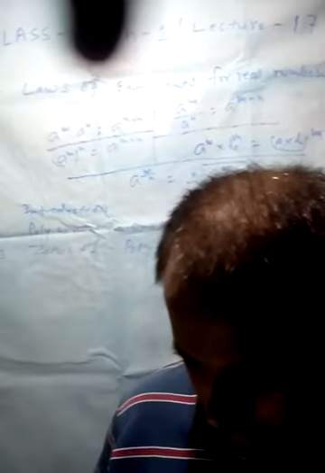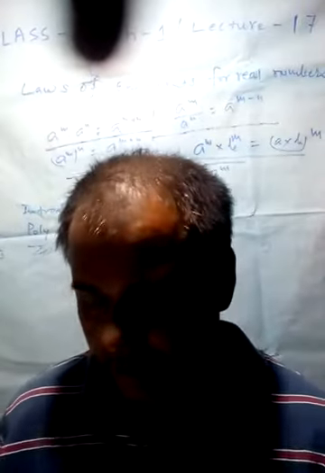And the last one, a to the power p into b to the power p is equal to (ab) as a whole to the power p. You can now use these laws to answer the questions asked earlier.